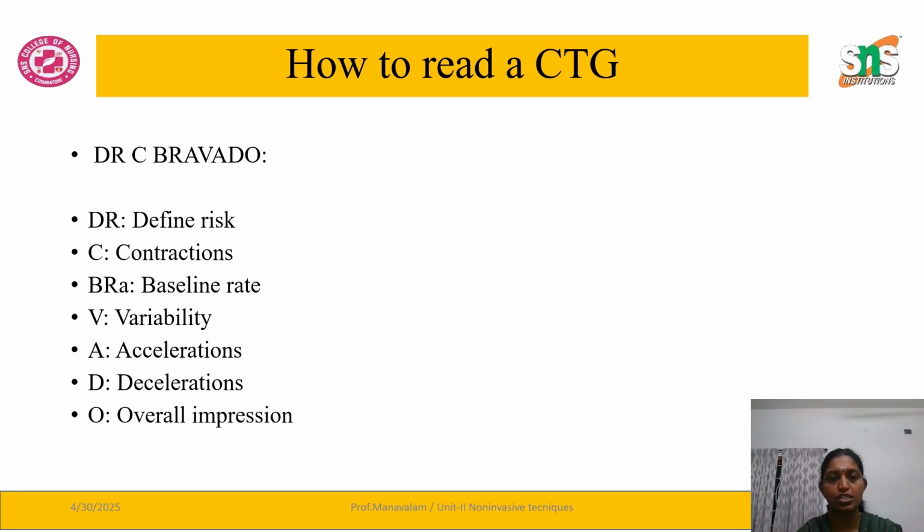C is the contraction. BRA is the baseline fetal heart rate. V indicates the baseline variability of the fetal heart rate. A indicates acceleration of the fetal heart rate, D indicates deceleration of the fetal heart rate, and O indicates the overall impression of the cardiotocography reading.